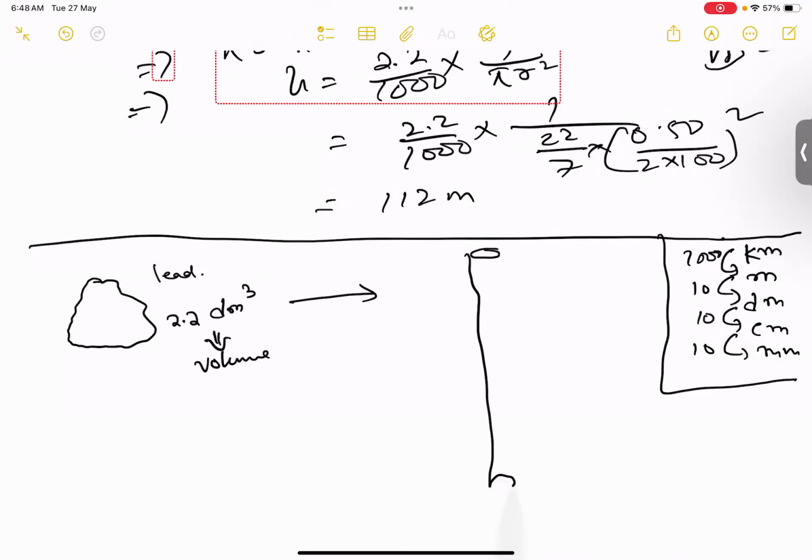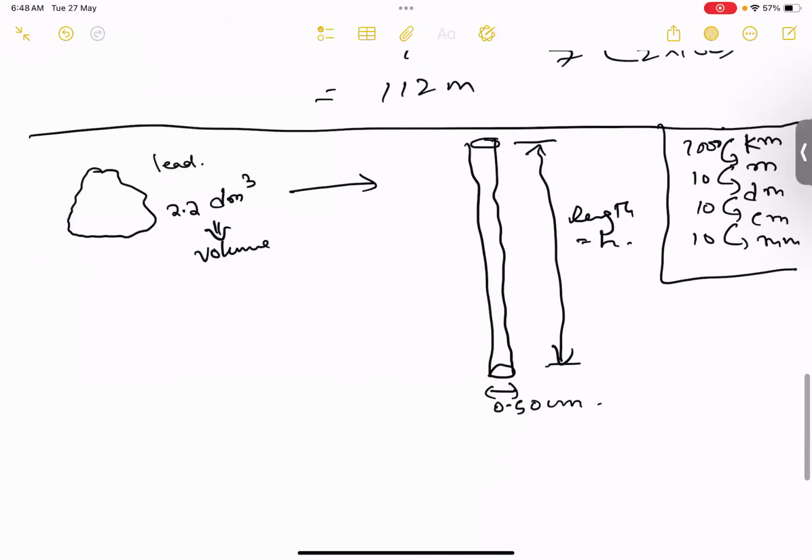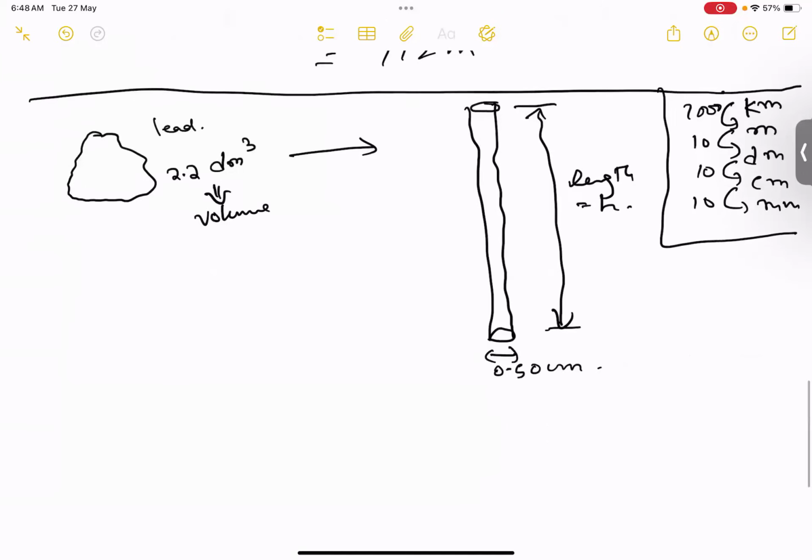A long wire will be something like this, in the form of a cylinder, and this cylinder has a diameter of 0.50 centimeter. Now we have to find out the length of this wire, how long it will be. In a cylindrical system, this length can be simply represented as height.